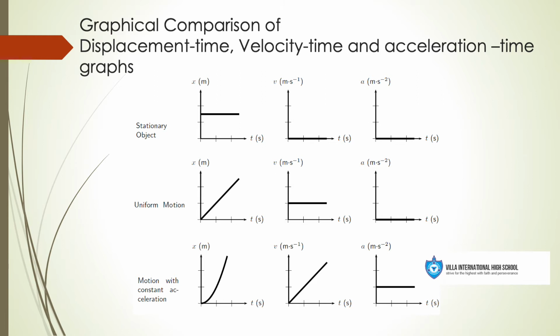Constant acceleration means velocity increases constantly, so the acceleration is constant, which means in the velocity time graph the gradient is constant. Look at the graph, we can see the gradient is constant. The third one, acceleration time graph, obviously acceleration is constant. So it should be a horizontal, non-zero straight line.